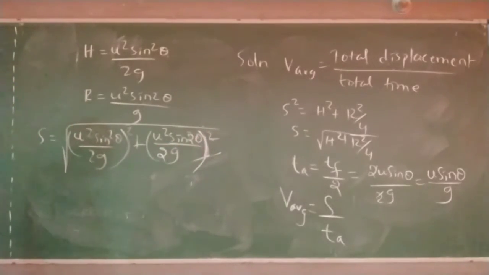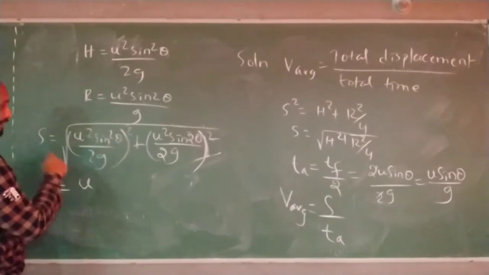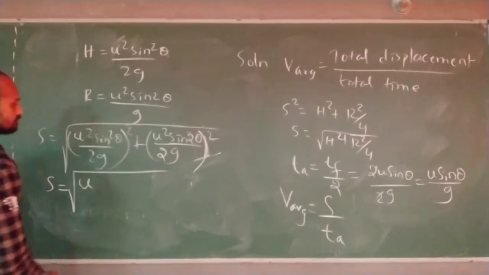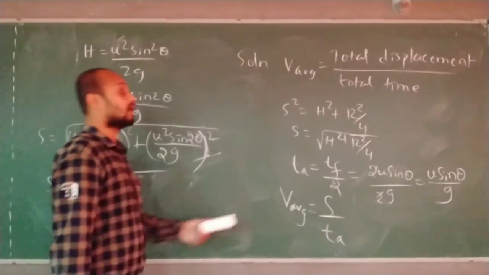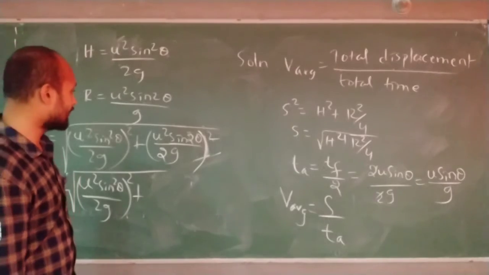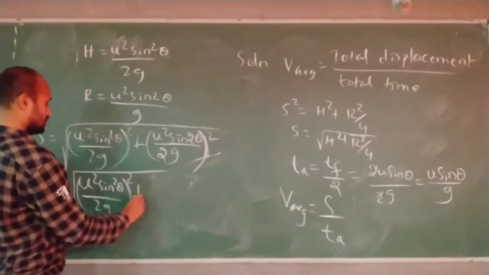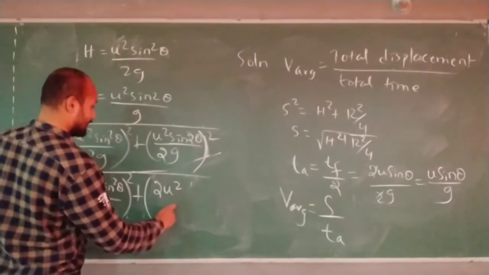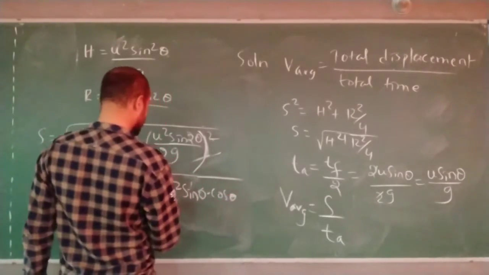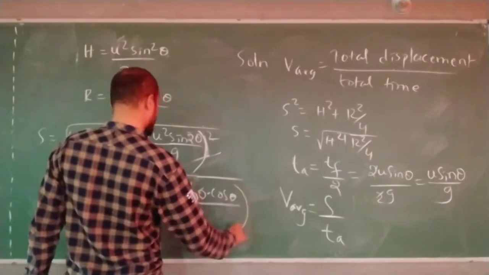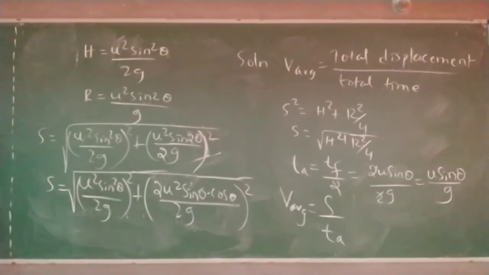So here, S is equal to root of (u square sin square theta divided by 2g) whole square plus, since R square by 4 means (R by 2) whole square, I can write R as 2 into u square sin theta into cos theta divided by 2g, whole square.